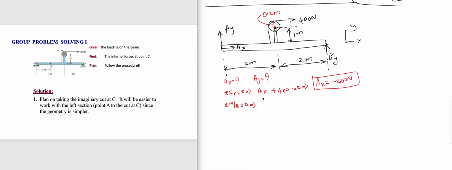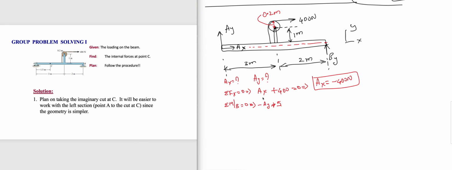Then AX is also passing through the point B. The line of action of AX is through B, so we can also neglect AX. Then we have AY times, what is the perpendicular distance between line of action of AY and the point B? It is 5 meters. AY times 5, and with respect to B, it is going clockwise, so it's negative.